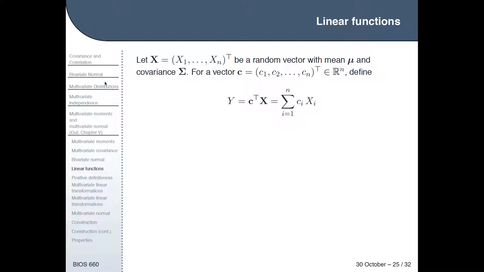You just multiply c1 times x1 plus c2 times x2, etc. It's fairly easy to show that the expected value of y is just the dot product, or inner product, of the vector c with the mean vector mu from the original data. And the variance, if you're good at matrix math, you can compute to be c transpose times sigma times c.